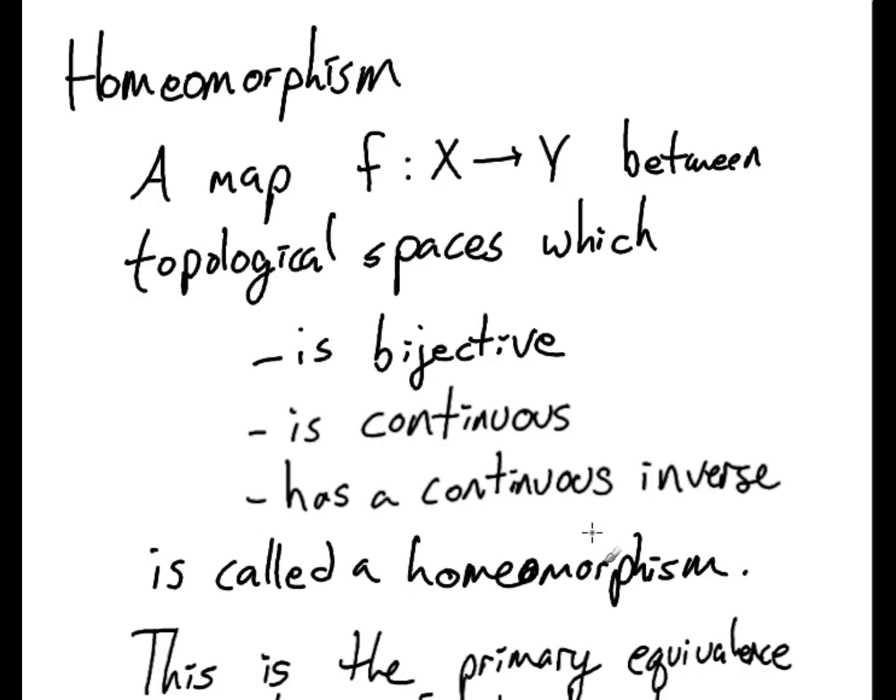And that's going to give us everything that we need. Continuity is doing a lot of lifting here, because continuity is the part where we map open sets to open sets, and we ensure that our topological structure is preserved. If we meet these conditions, though, we call it a homeomorphism.